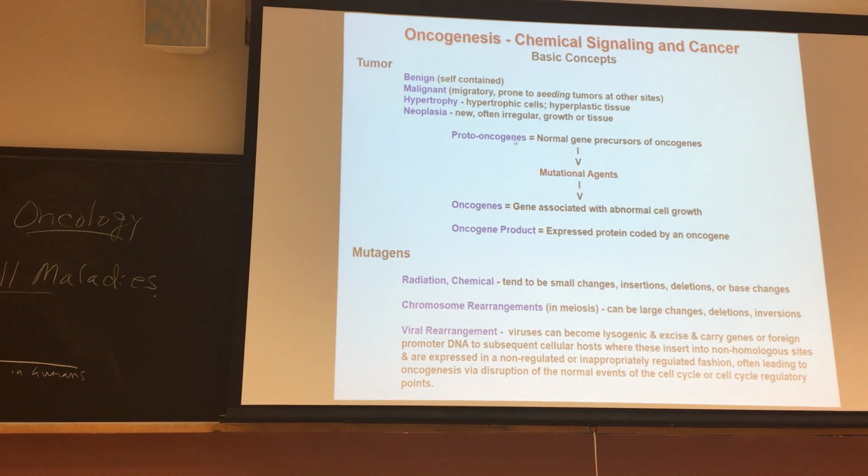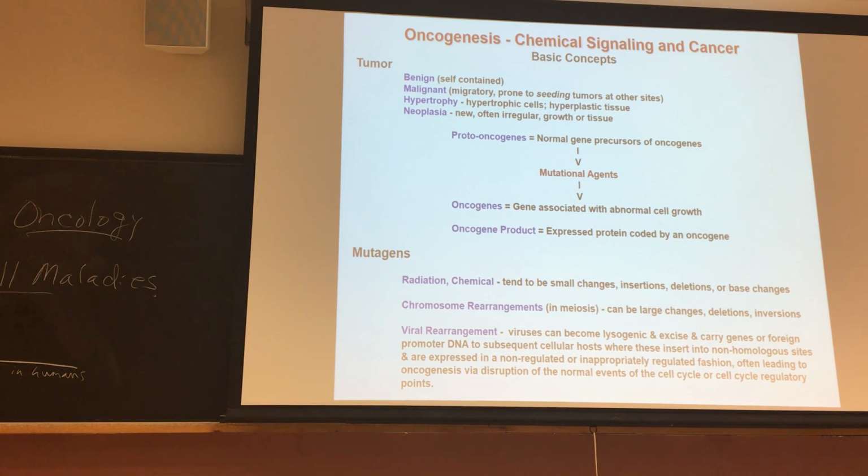Okay. Now this is the model we use to describe the association of the normal condition to the cancer condition. In the normal condition, individual genes that often get involved in cancer are in their normal association with regulatory regions on the DNA, and they're called proto-oncogenes.